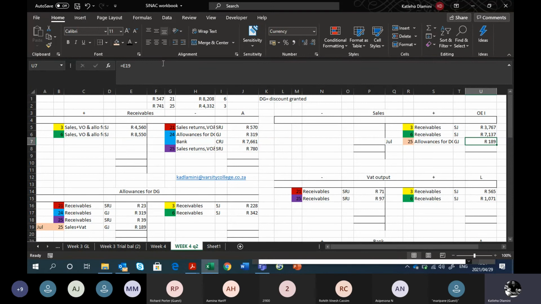So that 189 multiplied by 100 over 105, you get 164 over there for sales, and then our VAT output, maybe let me just copy this as is over here. We're going to increase our VAT with this amount. Let me just grab that whole thing.